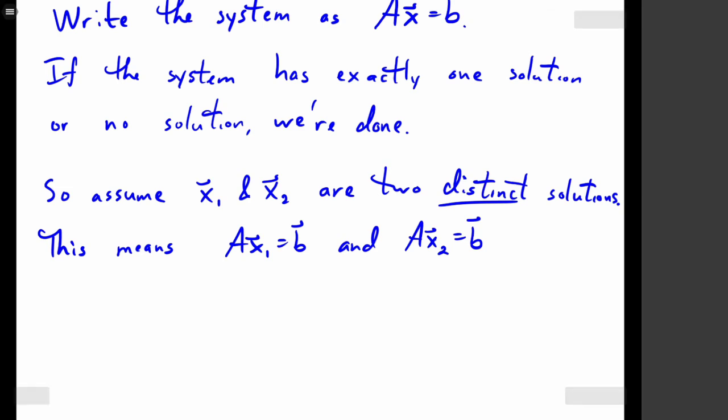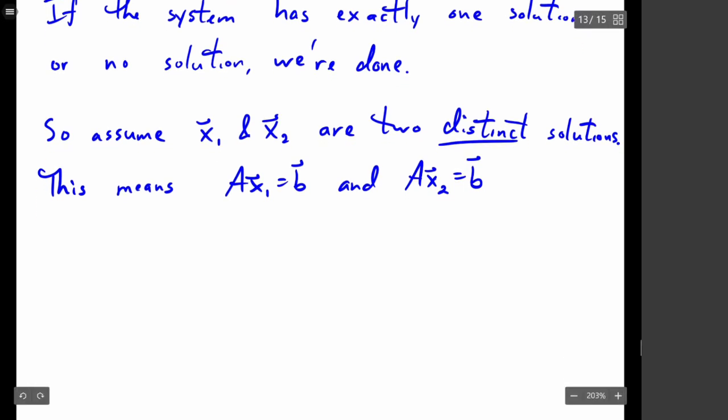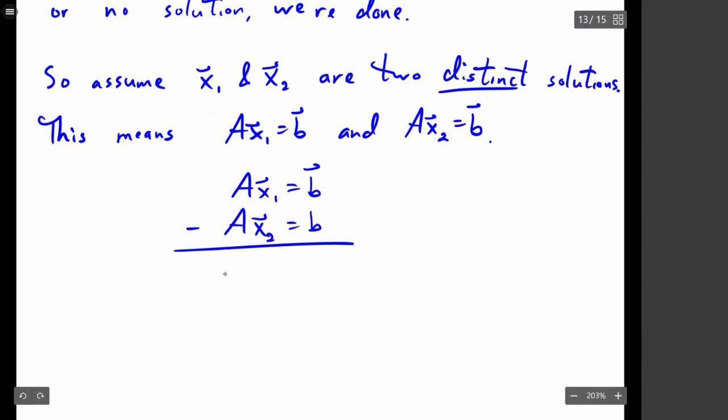If we're in this situation, we can subtract these equations from each other. If we take Ax1 equals b and subtract the equation Ax2 equals b, then Ax1 minus Ax2 is 0, the zero vector.